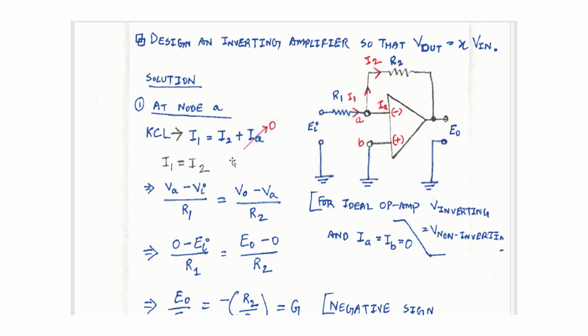Before we start our derivation, we have to know that for an ideal OpAmp, operational amplifier, it is assumed that the voltage on the non-inverting end is equal to the voltage of the inverting end.